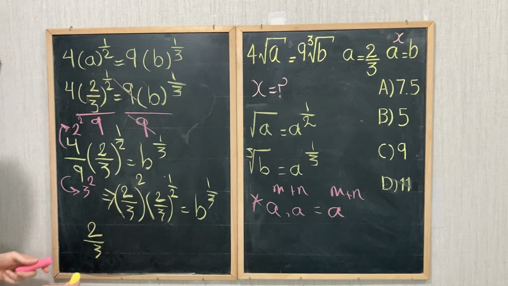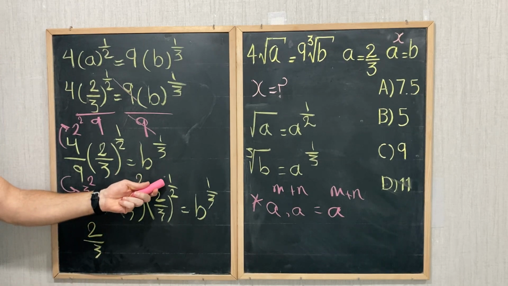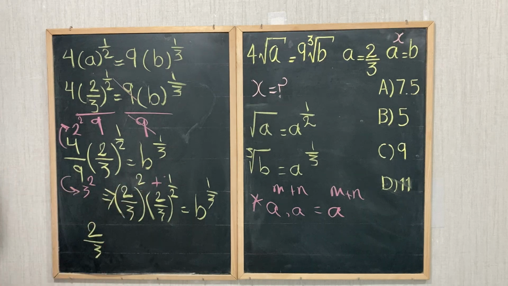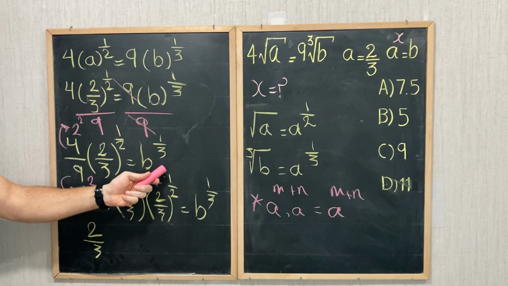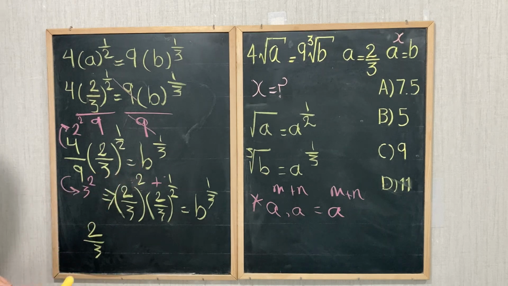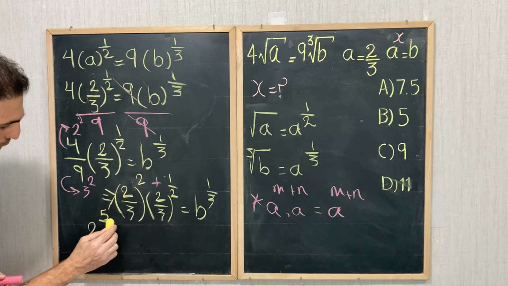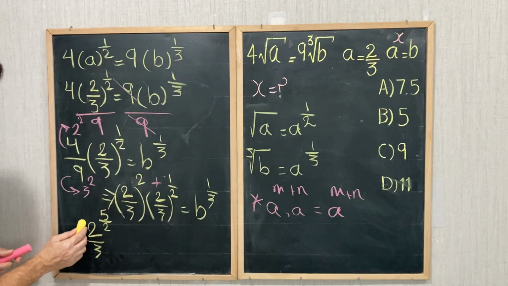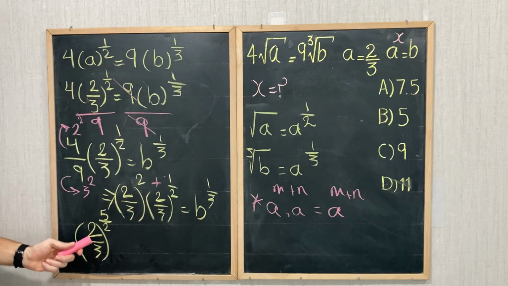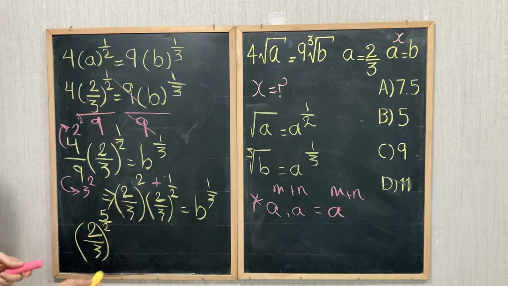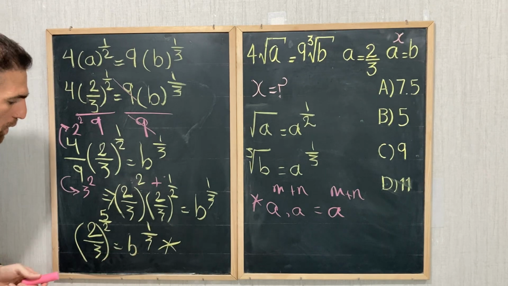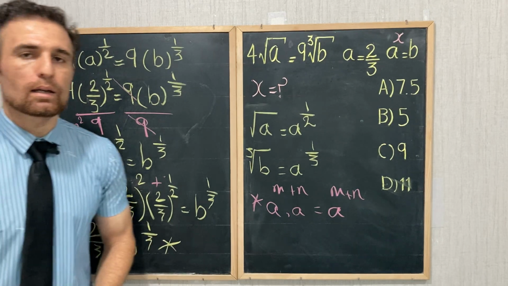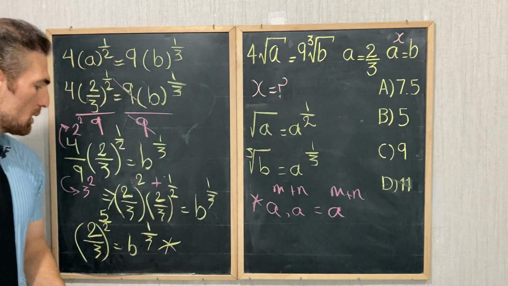The base 2 over 3, with exponent 2 plus 1 over 2. 2 is same as 4 over 2. 4 over 2 plus 1 over 2 is going to be 5 over 2. So 2 over 3 to the power of 5 over 2 equals b to the power of 1 over 3. Okay, we need this. Until here, good job. We did it well.